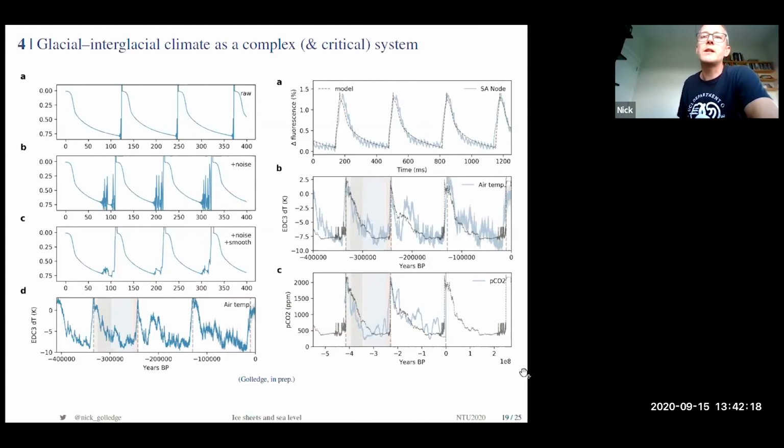And the top panel shows in the blue line the response of the sinoatrial node of a mouse heart. So we're looking at the membrane potential across cells in a mouse heart, and these cycles operate over milliseconds. So we've got lots of different timescales here. Of course, there's no causal relationship between these, but the point is that with a simple model of a dynamical system that approaches a state of criticality, you can simulate the behavior of three very different systems. Next slide, please.